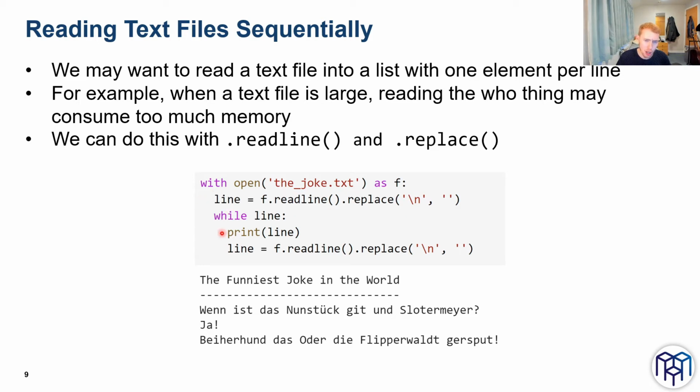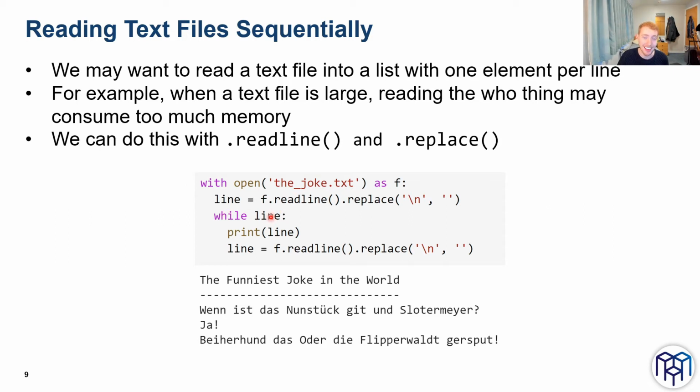Now this is a bit of fancy Python here. I'm not going to get into why it works. If you look at the additional notes, I forget which session it is, but the topic is about truthiness. You can learn why this works there. Basically what this while line is going to do is keep running while there's still a line in the file. Once we reach the end of the file, this line's going to be almost the same as false, and we're going to stop the while loop.